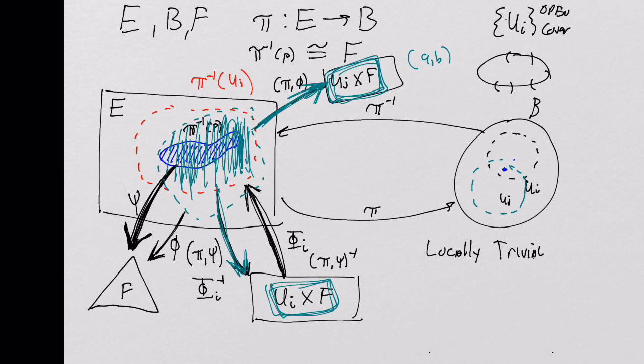Where A is in UJ and B is in F. But I can do that locally in E, anywhere. And in places where there's overlaps, there's two different ways of doing it. And so I have to resolve overlaps, right? I have to establish a connection between here and here. And that is going to be the next step.